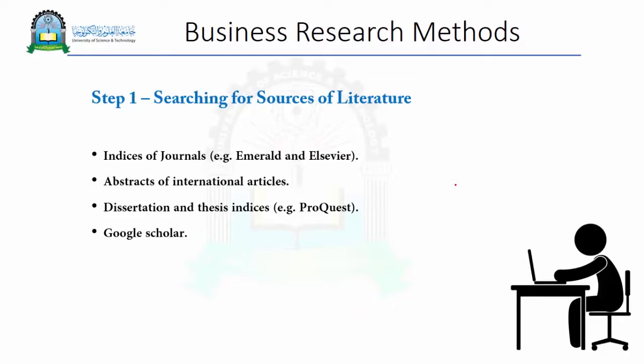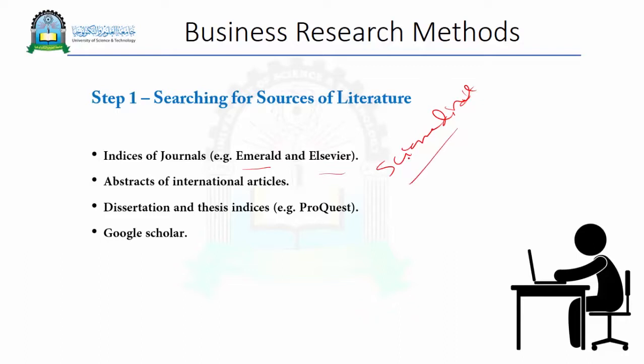Google Scholar, for example, or a lot of research indices. The indices of journals like Emerald, Elsevier, and Science Direct also is one of the best indices.